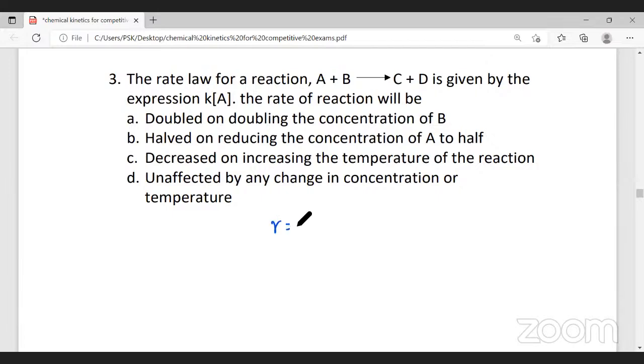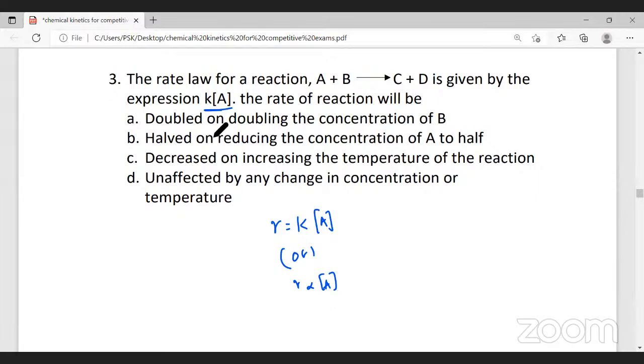Rate is equal to rate constant into A. That is what they've given. And now you can see from this equation, the rate is directly proportional to concentration of A. So if concentration of A is increased, rate will increase. If the concentration of A is decreased, rate will decrease. The rate is directly proportional to A.